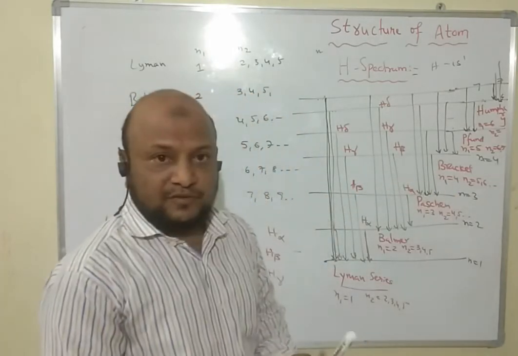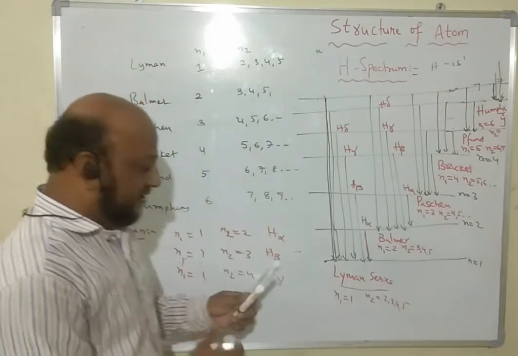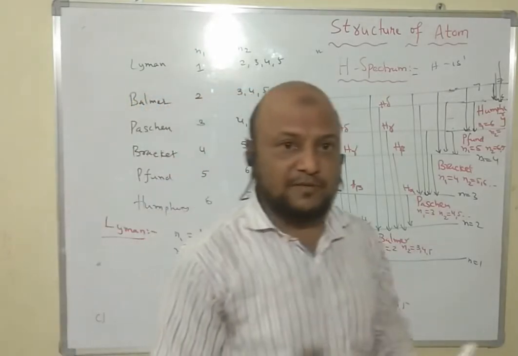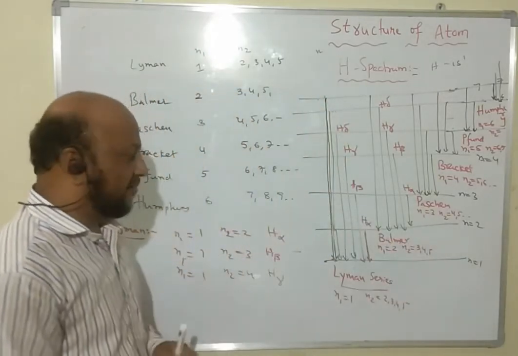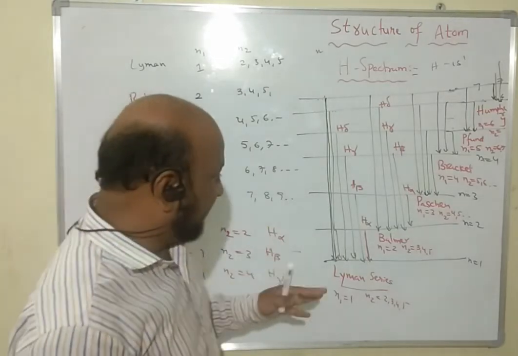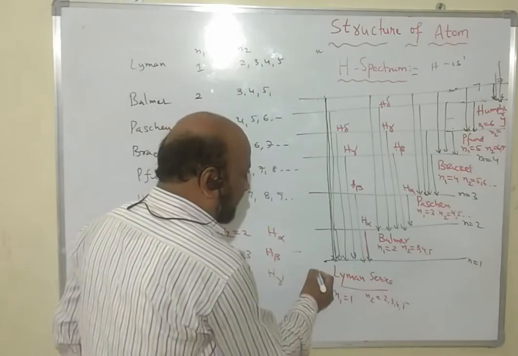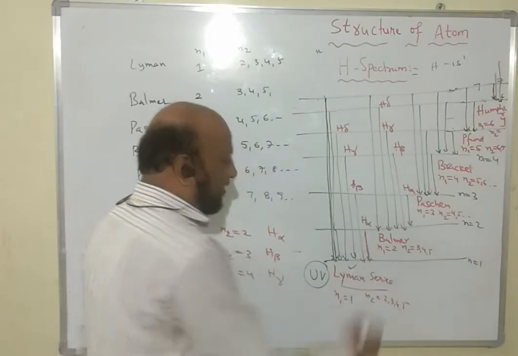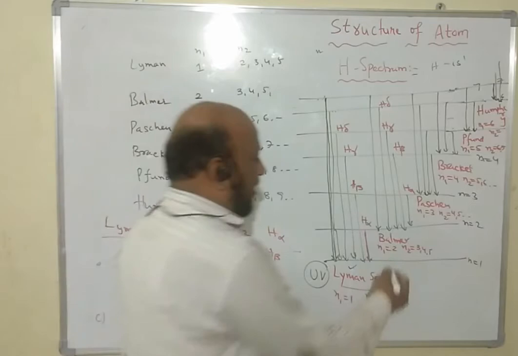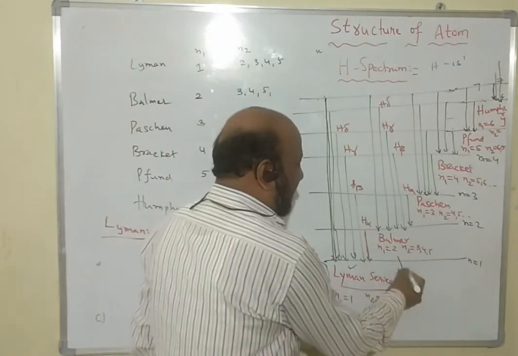If you observe the Lyman series, a question also comes from where these regions are observed. If you go through the regions, the Lyman series is especially observed in the ultraviolet region, and the Balmer series is observed in the visible region.